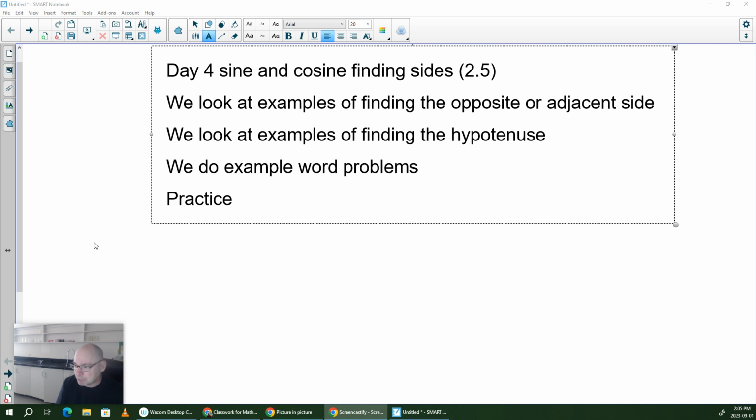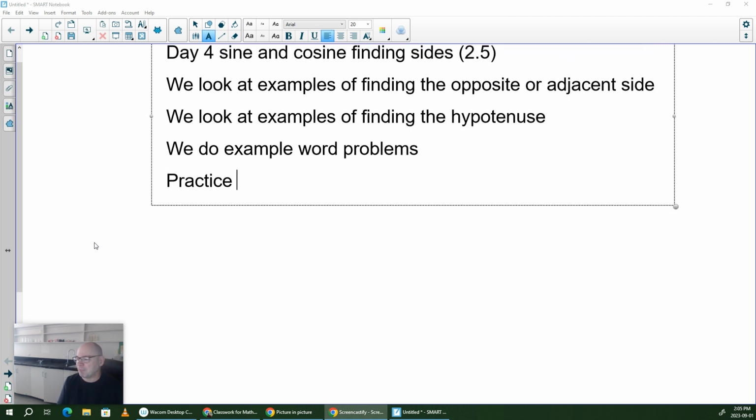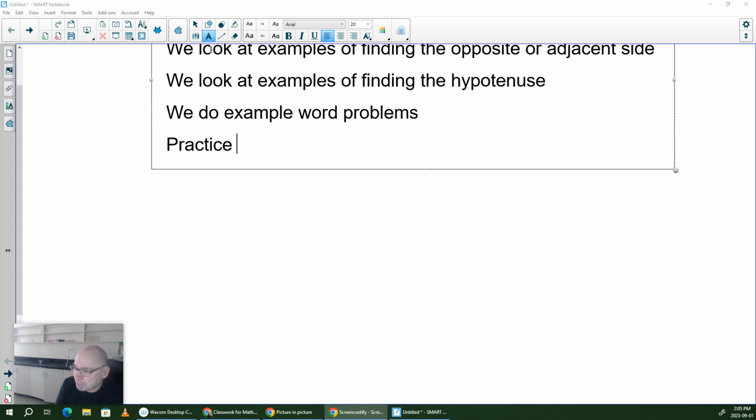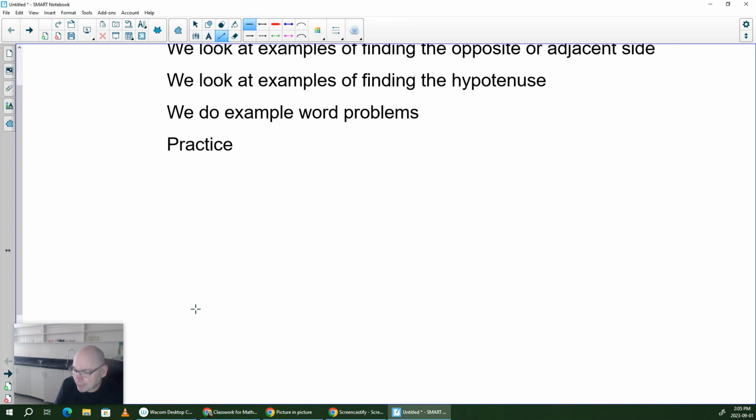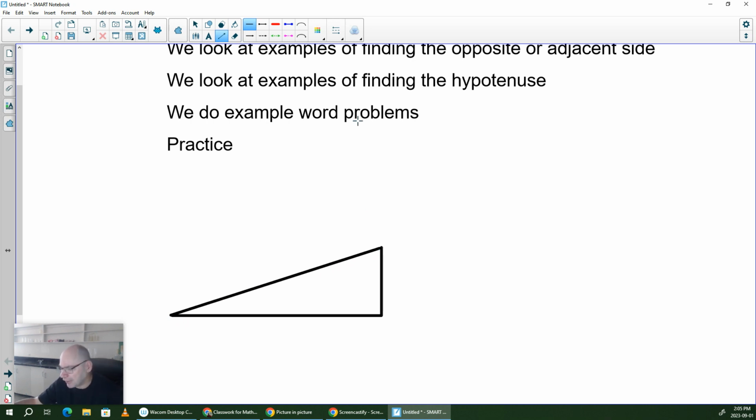So the first and easiest is if you have an opposite or an adjacent side to solve. So I will do an example here. Let's draw a triangle here. Okay, so let's say this is our triangle, and we want to find the opposite side of this angle.